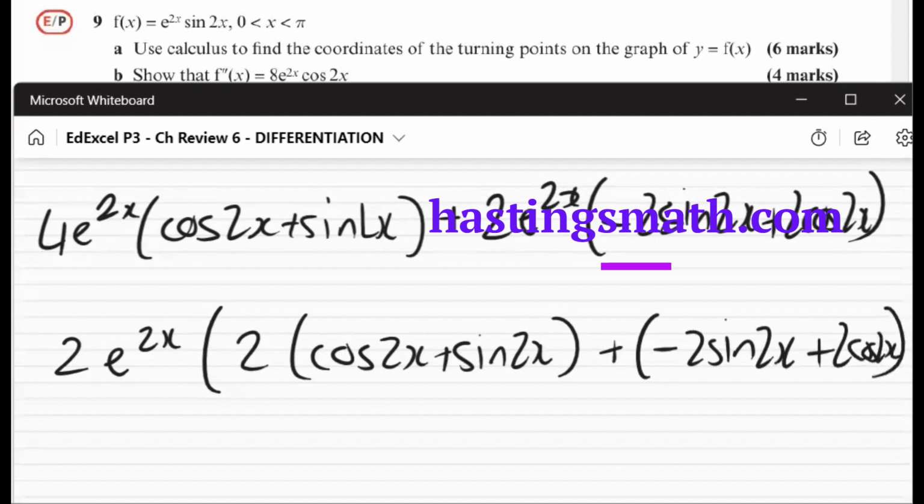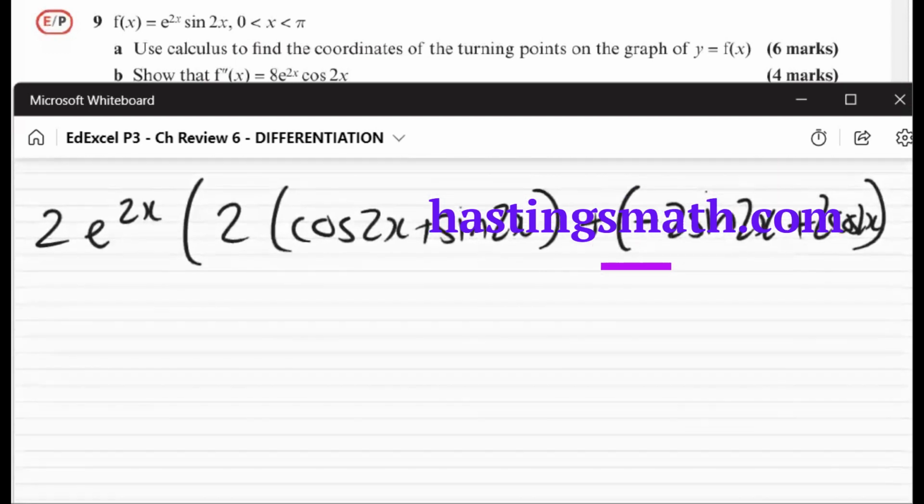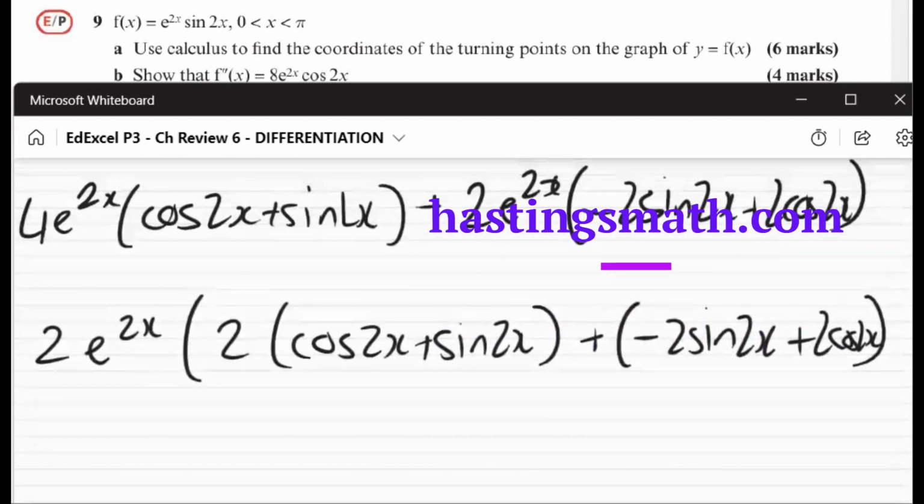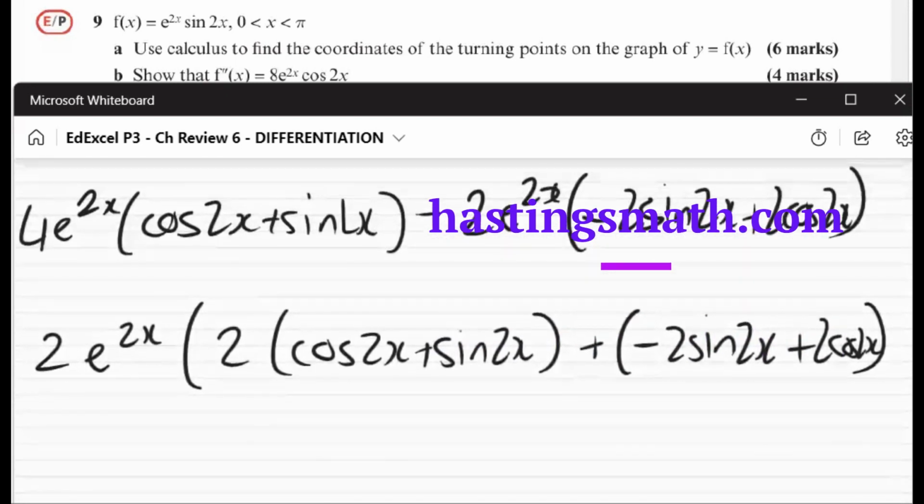Just trying to make it look a little bit like the answer sheet.